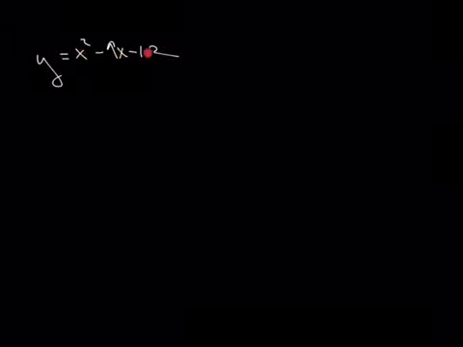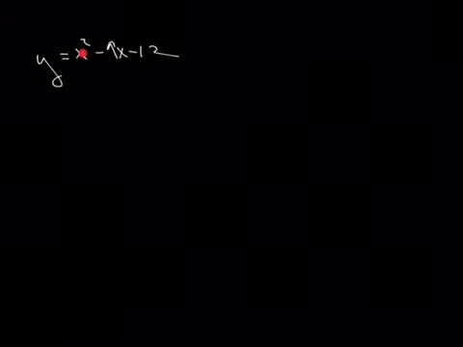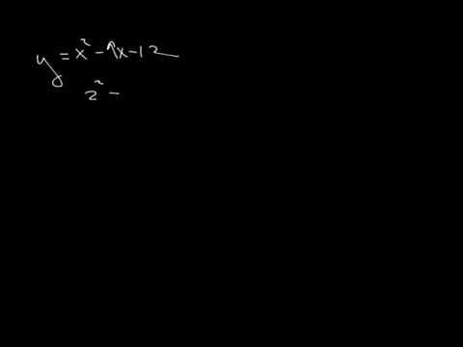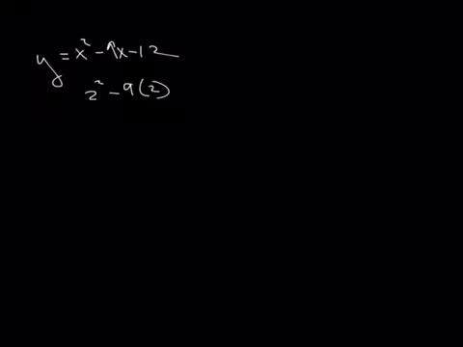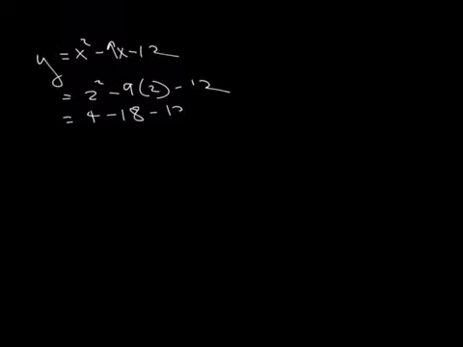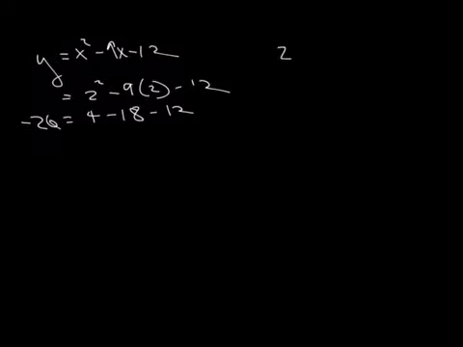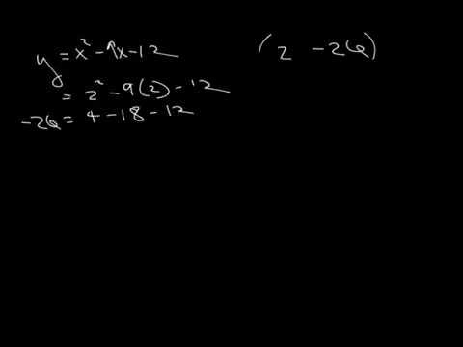We've got numbers that we can put in here for x, and if we put a 2 in here for x, so 2 squared minus 9 times 2 minus 12, we get a y value then of 4 minus 18 minus 12, so negative 30 plus 4, negative 26. So when x is 2, y is negative 26. Okay, if I did that right.